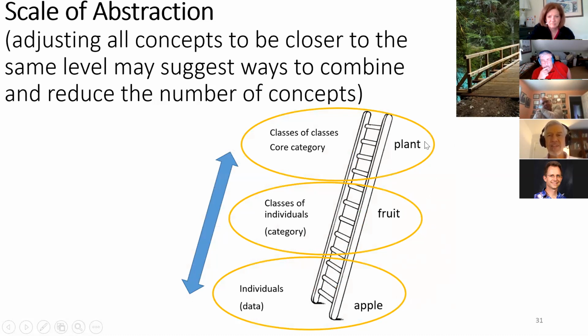So if you want to go to a higher level of abstraction, you can take all the apples and combine them with all the fruits, so that you only have the very highest level of abstraction. That would be the simplest. Or you can look at moving the plants into a lower level of abstraction, more concrete, and apples into a higher level of abstraction. So you try to get everything focused around the middle.